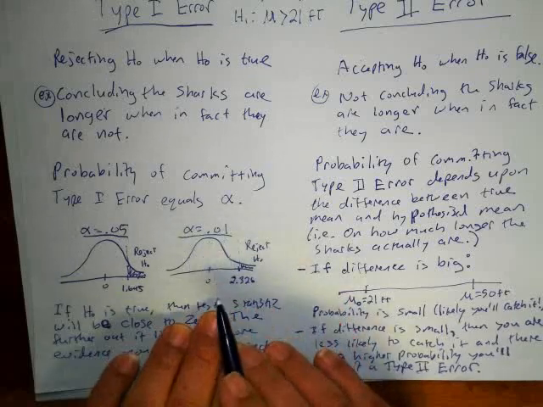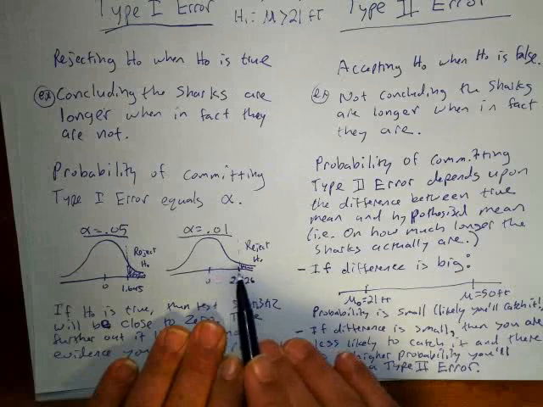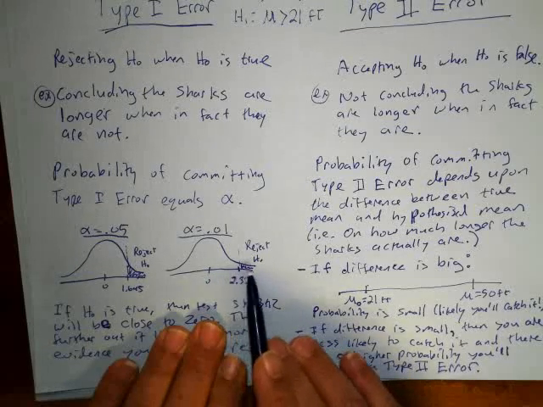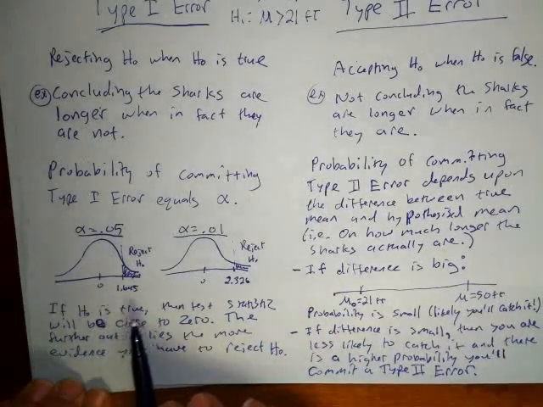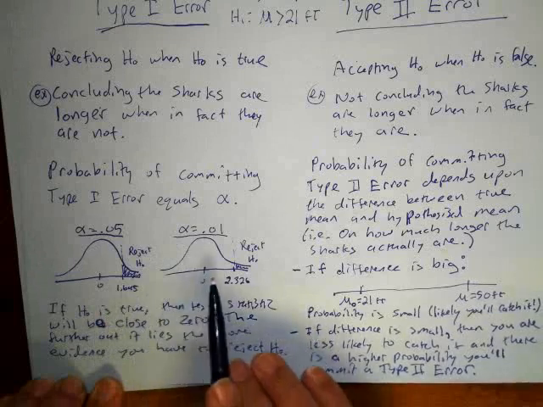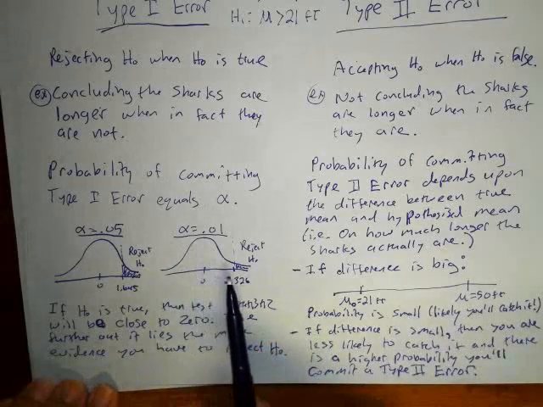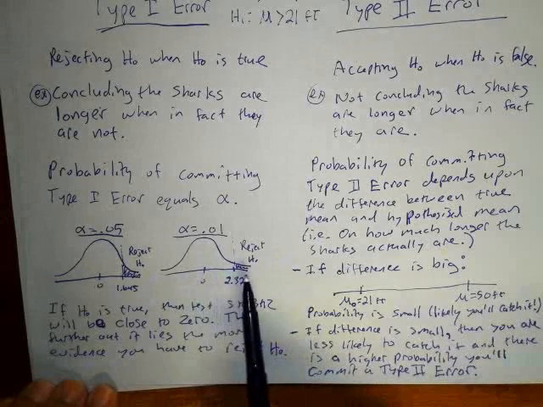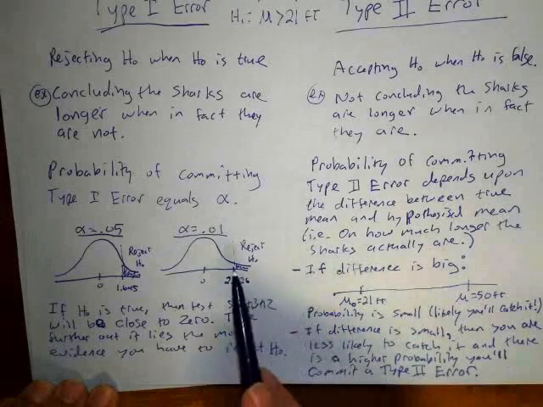So at a 0.01 significance level, what that did is it moved your critical value further out, making it harder to reject. Basically, like it says down here, if H naught is true, then you would expect your test statistic to be close to 0. That means the further out the test statistic lies, the more evidence you have to reject H naught.